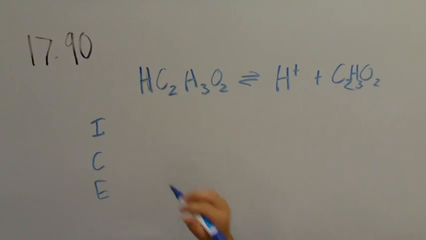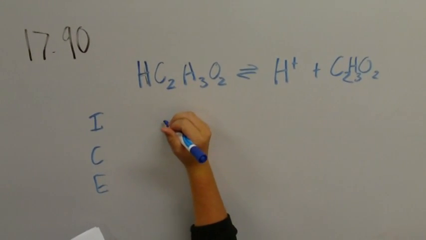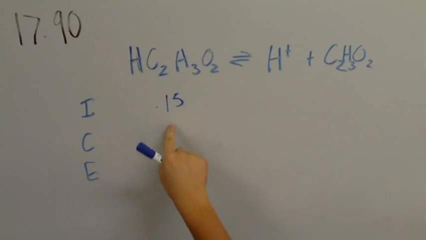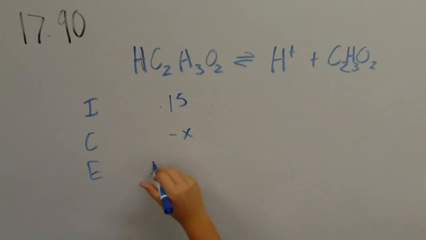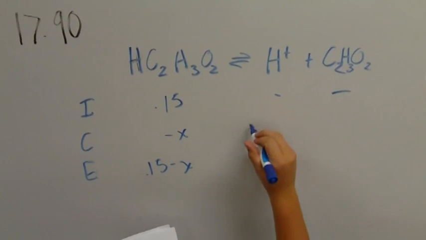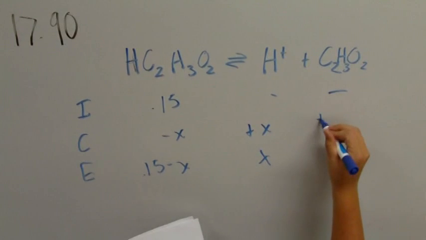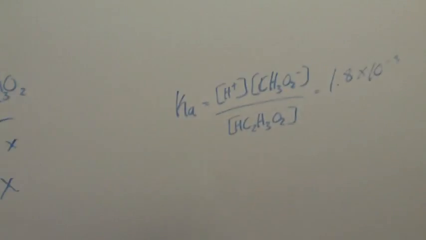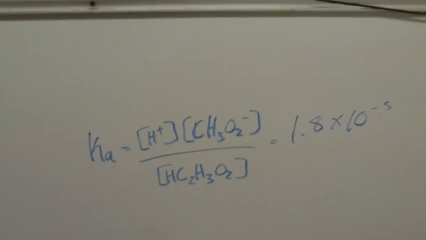All right. Here we go. Well, they tell us straight up we're going to use the ice table. They don't tell us we're going to use one, but we know we're going to use one. So 0.15 minus x, 0, 0, plus x plus x. All right, awesome. So we're going to use these equilibrium concentrations, plug them in for our Ka equation.